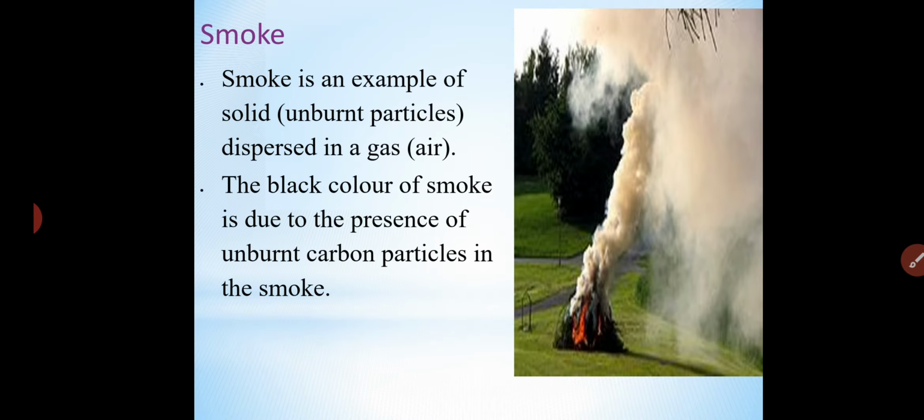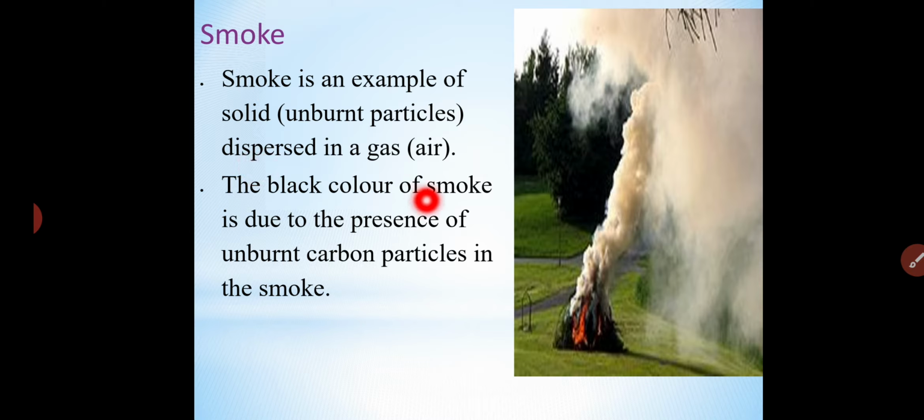Now, the next concept is smoke. Have you ever observed smoke in your surroundings? Many times, right? Your neighbors are burning papers, woods, everything, and whatever smoke is produced will pollute the air. Smoke is an example of solid, or unburnt, particles dispersed in a gas.